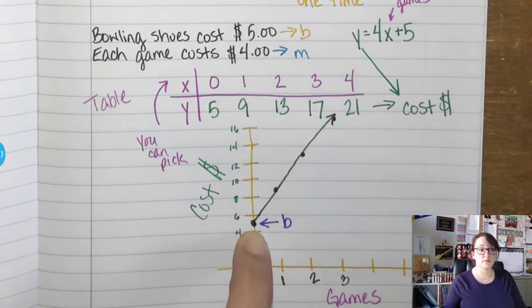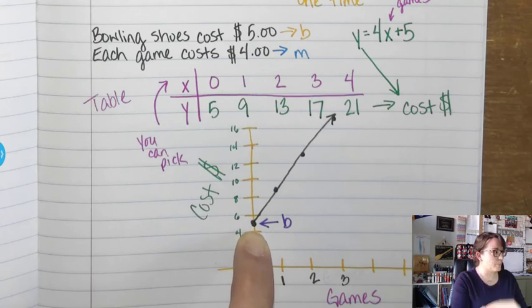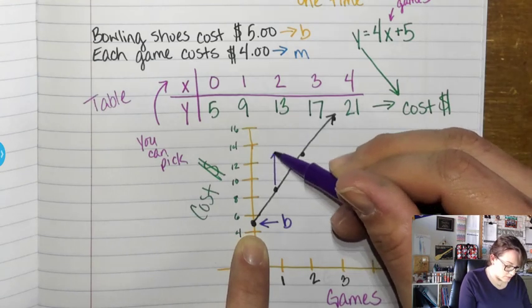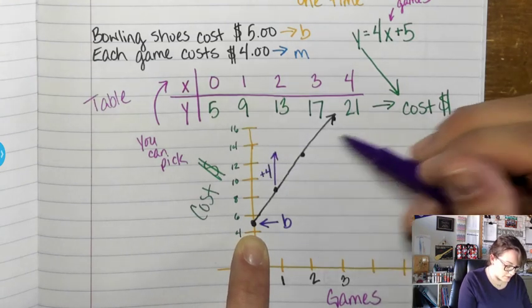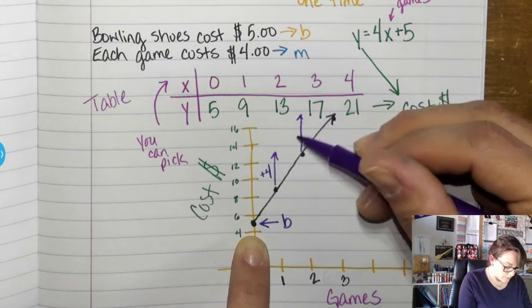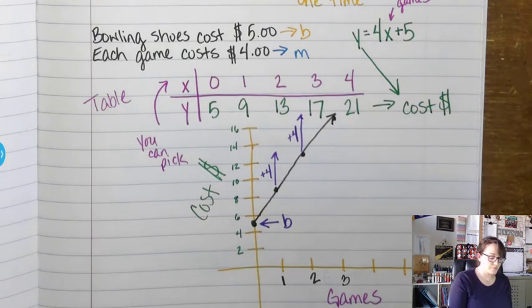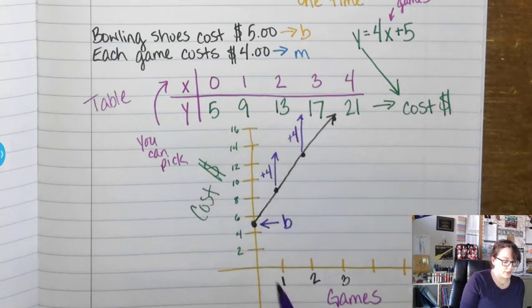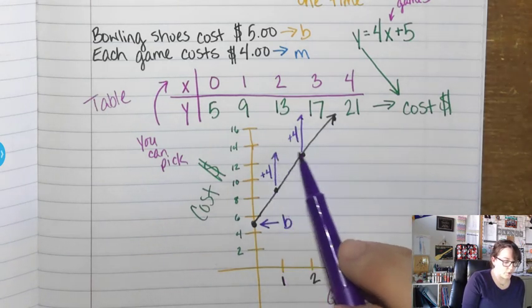b is your start. How much did it go up each game? 4. So from here to here, it goes up 4. Plus $4, plus $4. So that's m. It goes up 4 over 1 game.